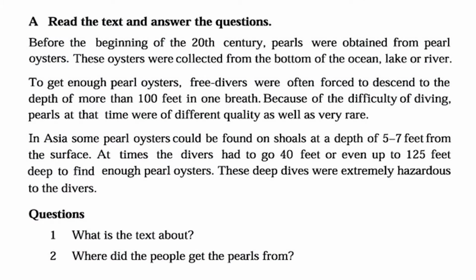Can you understand what the text is about? Thank you. The text is about the Amar divers. Understand, my students? We are reading about Amar divers. Next, where did the people get the pearls from?